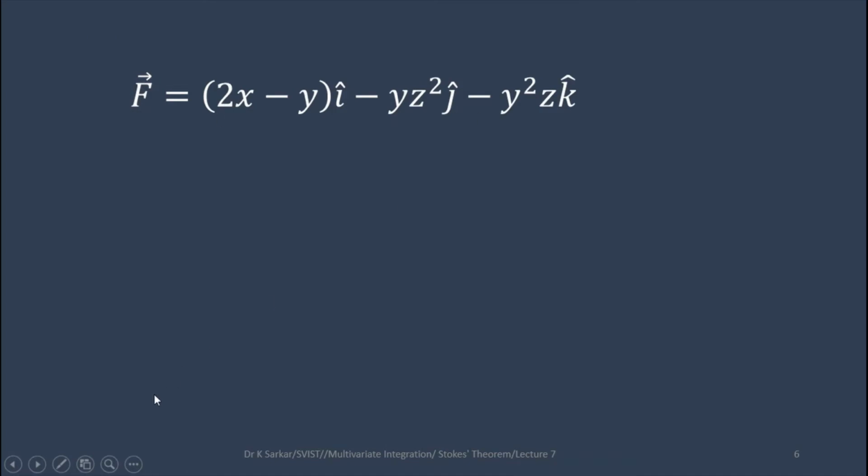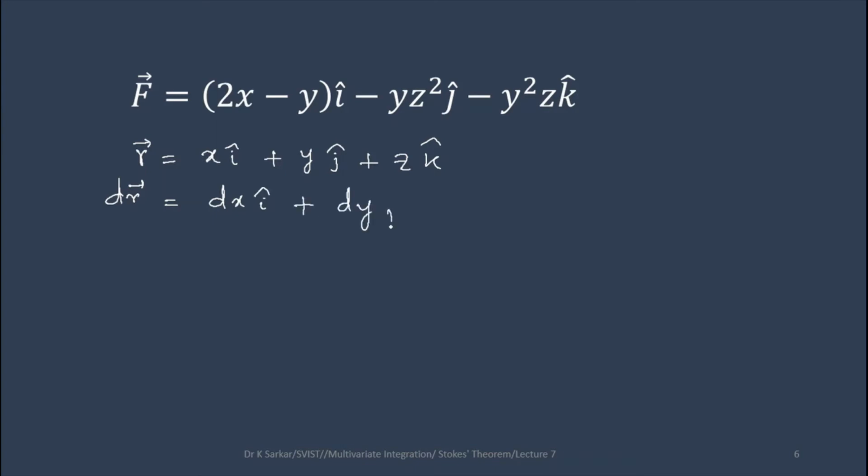Let us find f dot dr. As we know, r is the position vector xi plus yj plus zk, so dr is dx i plus dy j plus dz k.